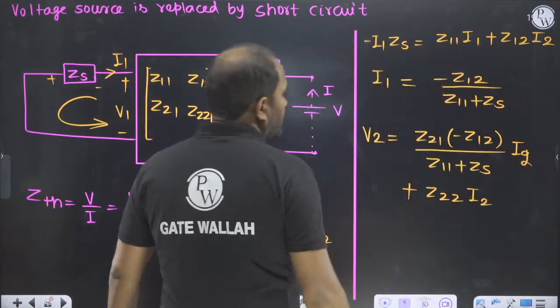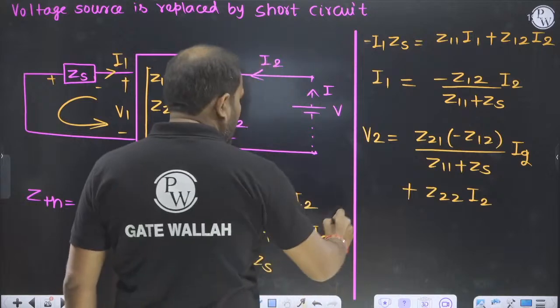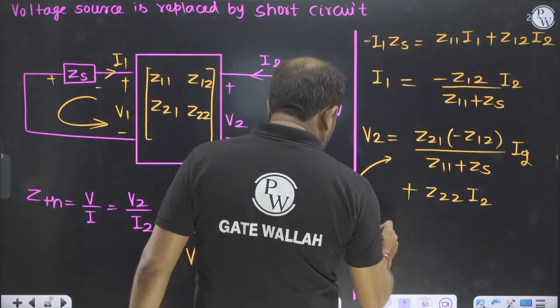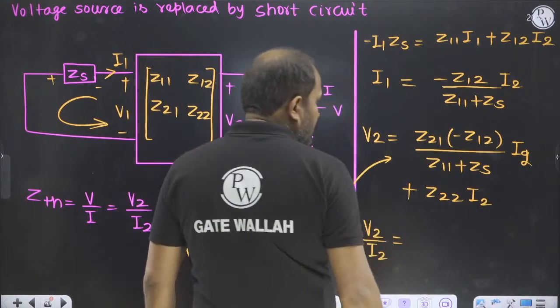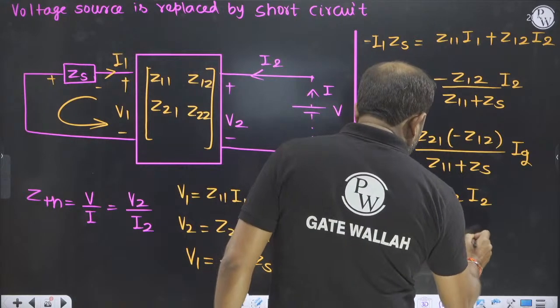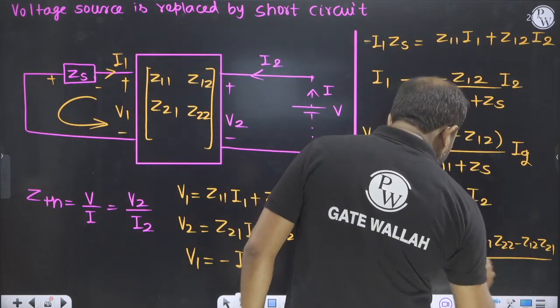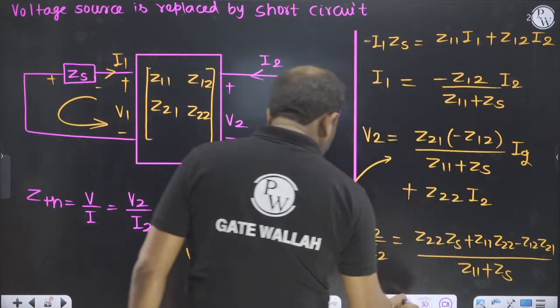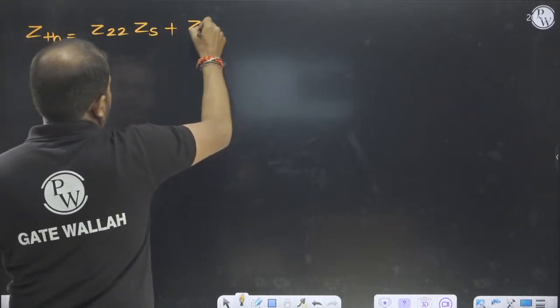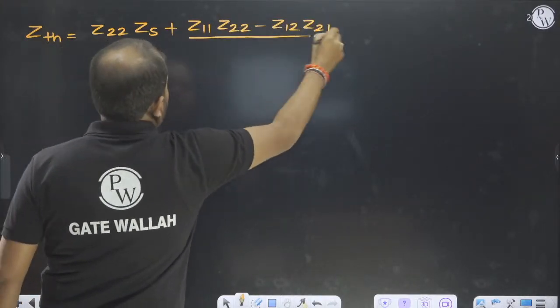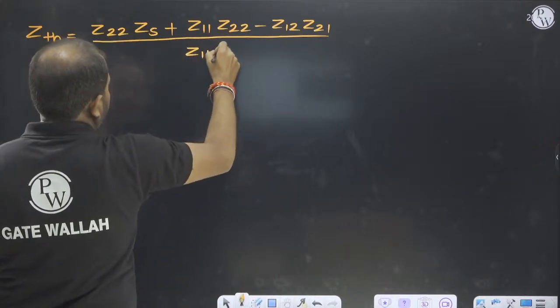I have put I1 in terms of I2, so you will get V2 by I2, which is Z22 into ZS plus Z11 Z22 minus Z12 Z21 divided by Z11 plus ZS. So this is ZTH.